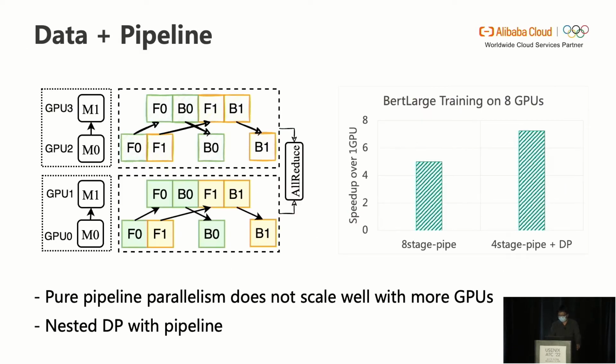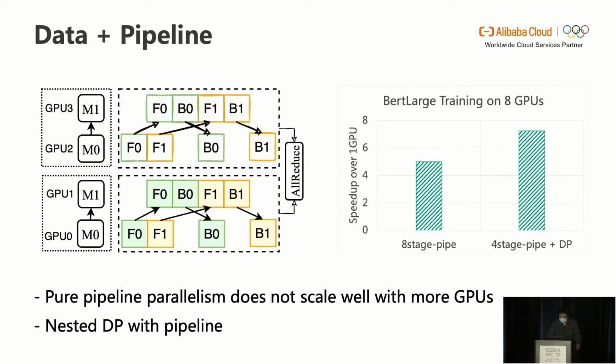In selecting a proper parallel strategy for model training, both model proportion and computing resource need to be considered. Pure pipeline parallelism does not scale well with more GPUs because of bubbles, resource utilization, and P2P communication. A better approach is to find the proper stage for a model and apply data parallelism for further scaling of the training.